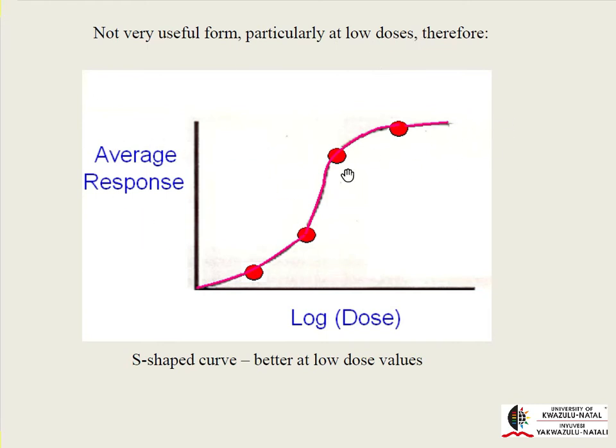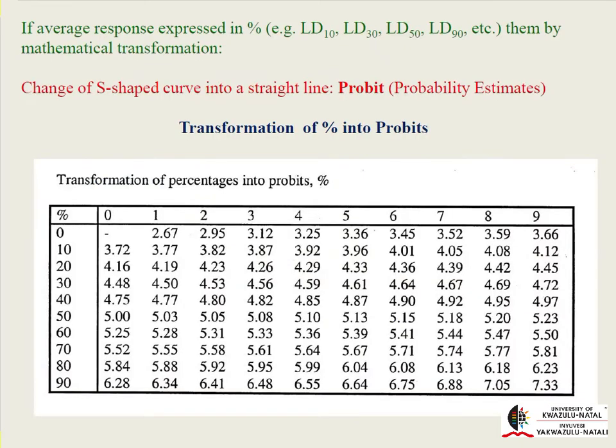And typically the strategy is to try and linearize this curve so that we can use the equation of that curve in computations. One strategy is to use the log dosage and plot it against average response. Another strategy is to convert the percentages into probits, so we're looking at probability estimates.